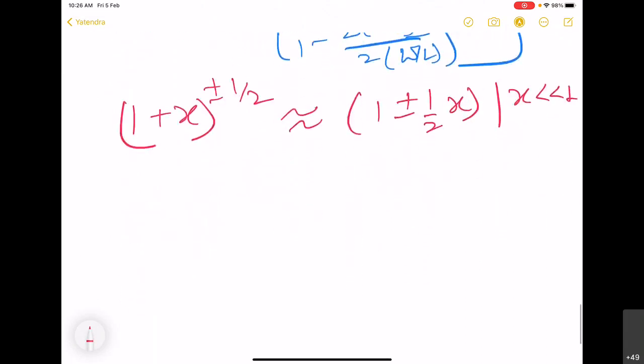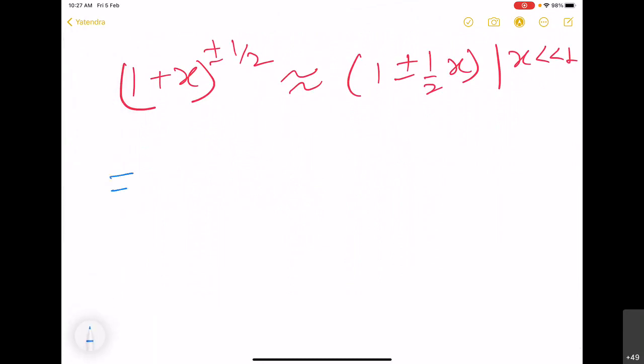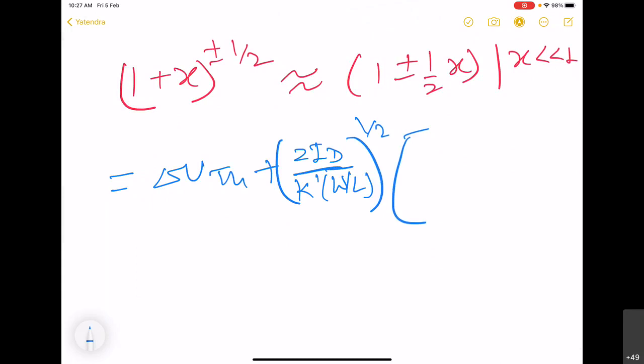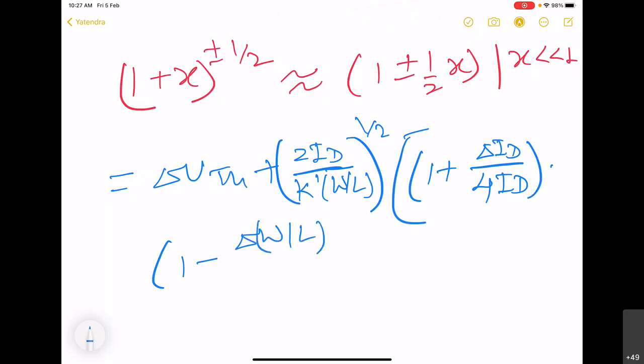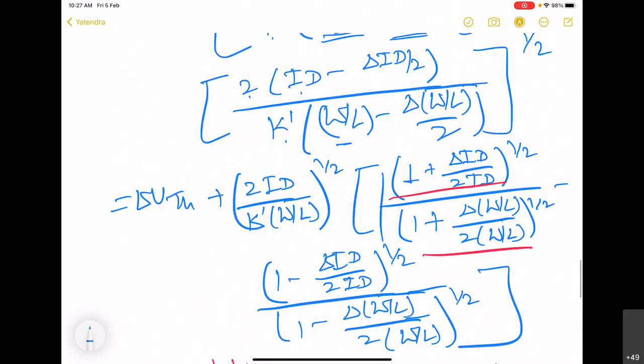So what we will get is delta VTH plus 2ID by K dash W by L, whole square, into 1 plus delta ID by 4 ID, into 1 minus delta W by L by 4 W by L. So these two terms arise because of the first term, these two.